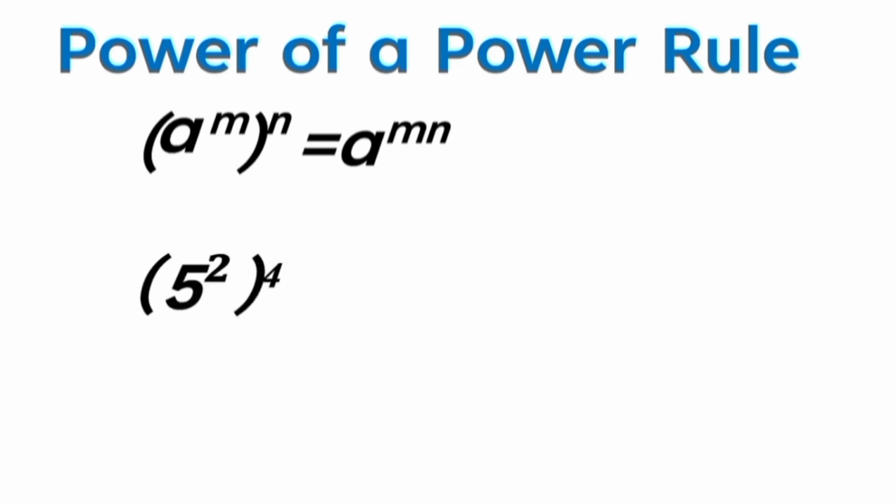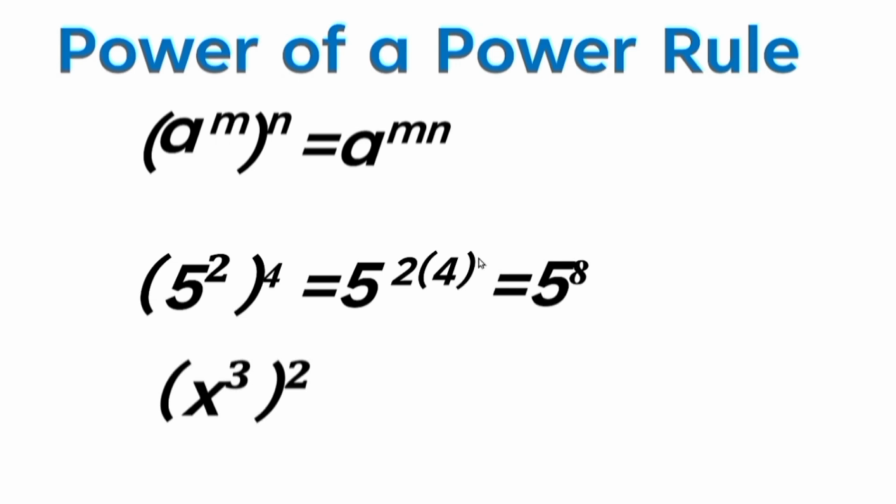We have the power of a power rule. The rule is a to the power m, then raised to another power n, is equal to a to the power m times n. So, for example, you have 5 squared raised to the power 4, which is equal to 5 to the power 2 times 4, or 5 to the power 8.